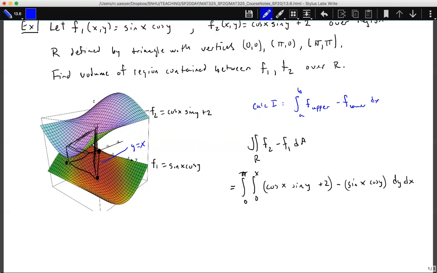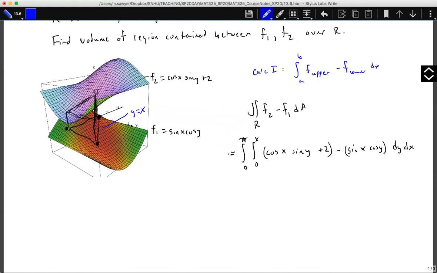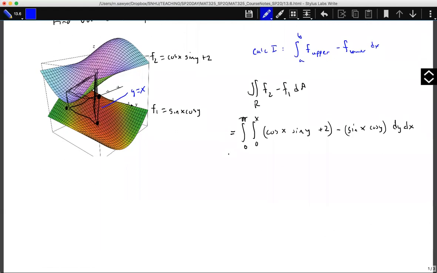We're building from y equals 0 to y equals x as our lower rectangles, and we're building from 0 to pi. So as we're building this function, this is an easy integral to solve.